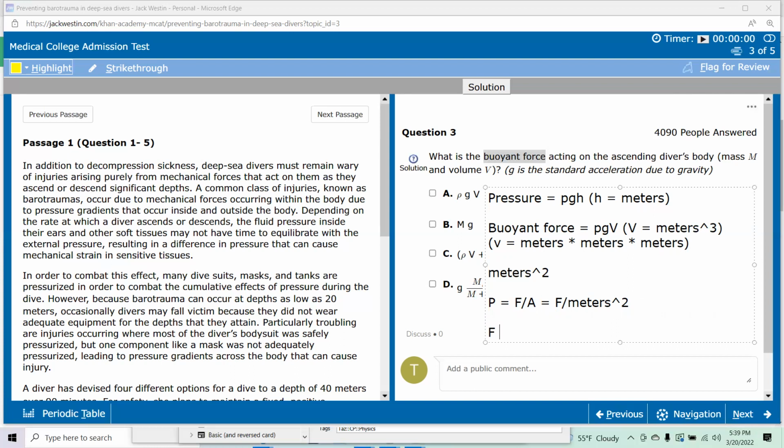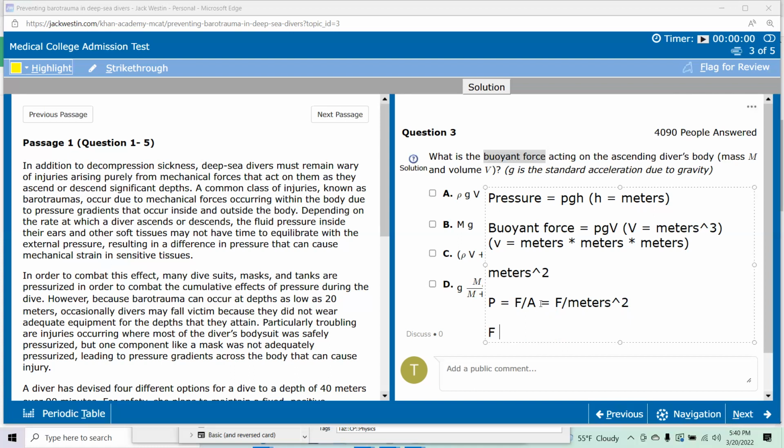Are you asking us to square the value of pressure? No, I'm saying that we can multiply the, wait, hold on. What am I saying? Pressure equals PGH equals meters. Okay. Now I know what I'm saying.